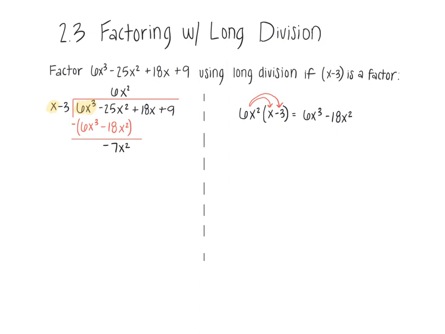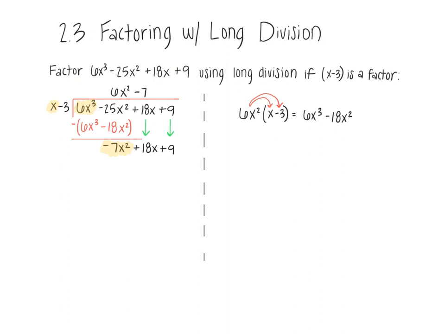And then, of course, I'm going to bring down the rest of the equation, giving me plus 18x plus 9. So my new leading term is negative 7x squared. So I have to figure out what I'm going to multiply x by to give me negative 7x squared. So of course I should multiply it by negative 7.